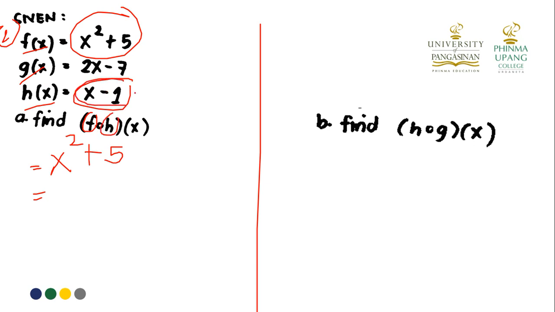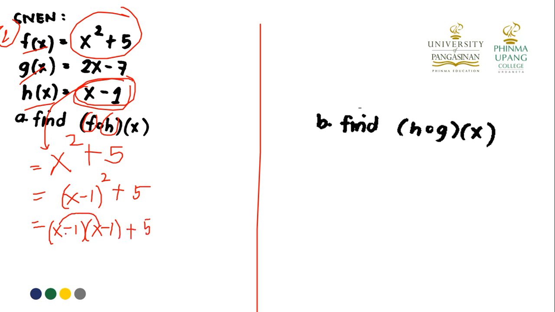So, yung h natin, lalagay natin yan sa value ng x. As value of our x minus 1 squared plus 5. Then, expand natin, x minus 1, x minus 1 plus 5.